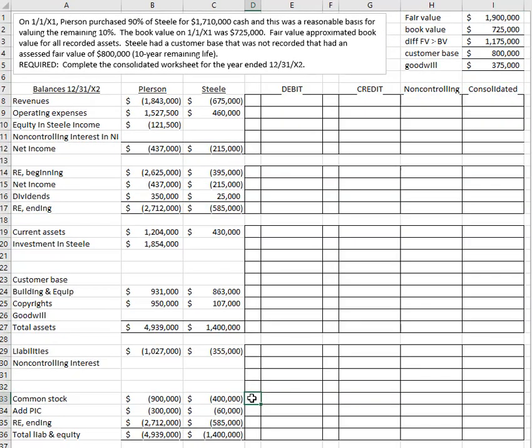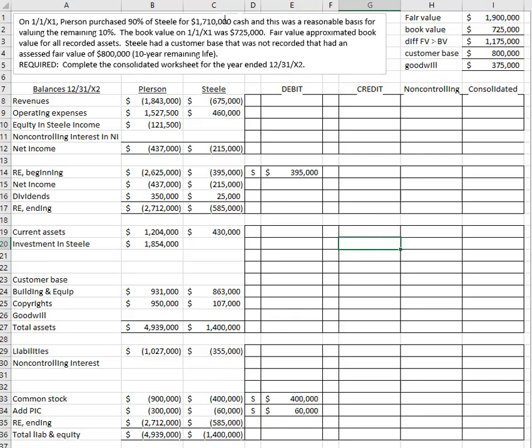All right, let's get the S entry done. This is going to get split between the investment in and the NCI based on the percent.